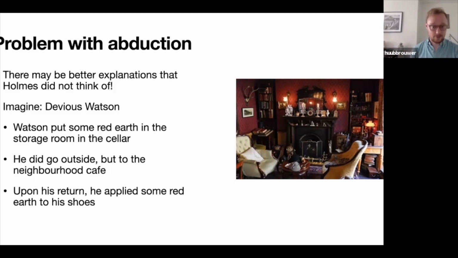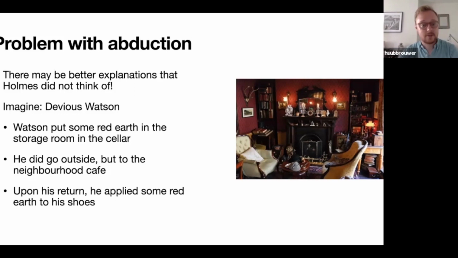Now, abduction is not without problems. There may be explanations of these facts that Holmes didn't think of. And to make that clear, I'd like to ask you to imagine a devious Watson. So suppose that Watson wanted to test how good Holmes actually is as a detective.